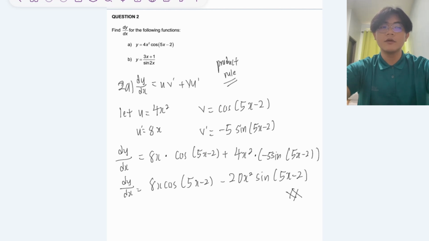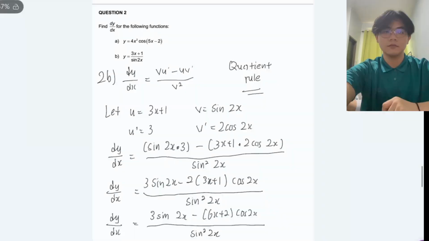So it is 8x times cos(5x minus 2) plus 4x squared times minus sin(5x minus 2) times 5. Then the answer will become 8x cos(5x minus 2) minus 20x squared sin(5x minus 2).